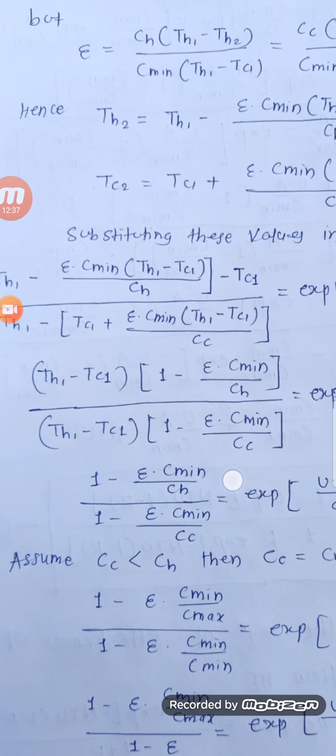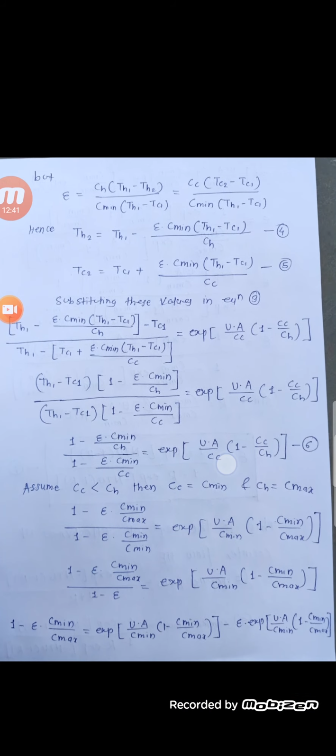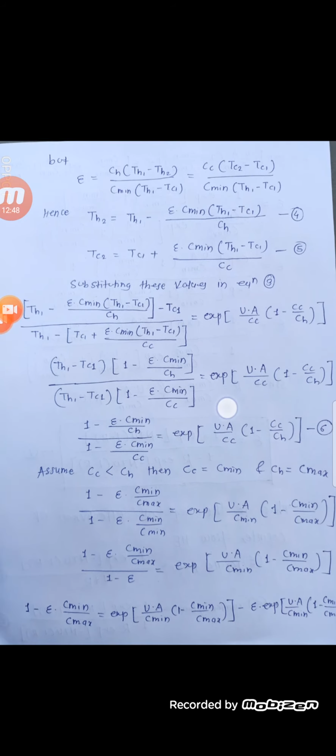TH1 minus TC1 into bracket 1 minus epsilon C minimum upon CC. Right hand term is same, that is exponential of UA upon CC into bracket 1 minus CC upon CH. So this TH1 minus TC1 and this TH1 minus TC1 will cancel. What is the remaining term? 1 minus epsilon C minimum upon CH and 1 minus epsilon C minimum upon CC, and right hand term is same.